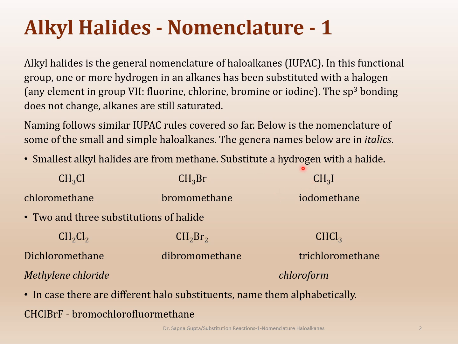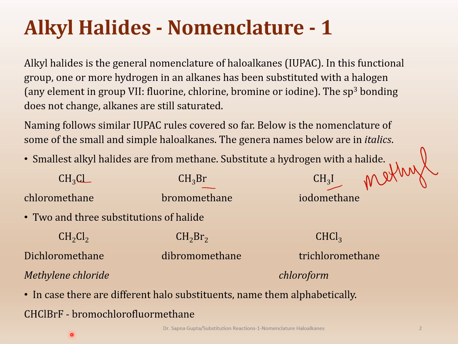Okay, because you have the methyl group there. So let me just write it on the side here, and I'll write it in the PowerPoint later. But because you have the methyl group, so it could be methyl and then whatever it is, okay, whether it is chloride, bromide, or iodide. Okay, that's how it goes as far as the general name is concerned. You can use either. Both are simple enough.